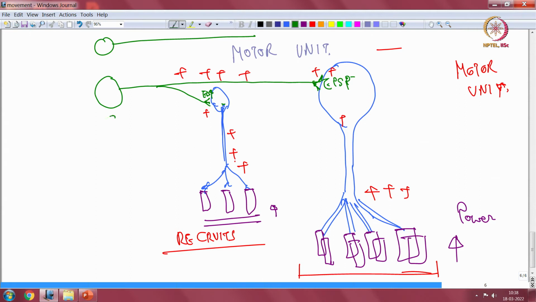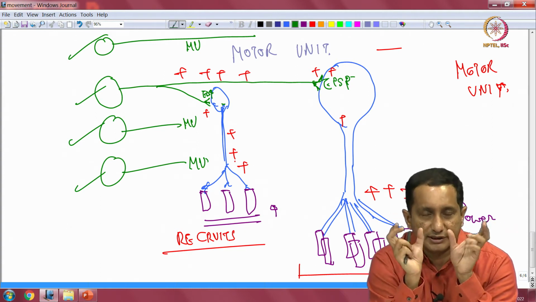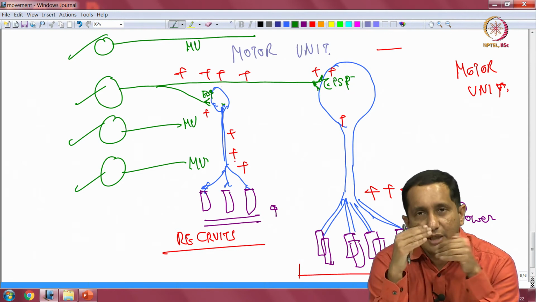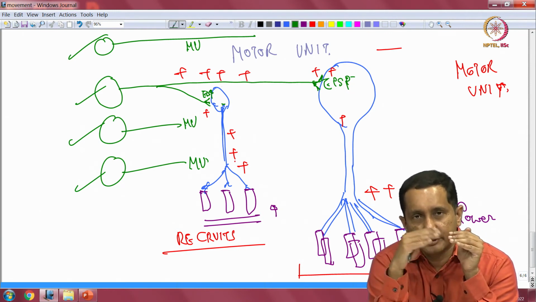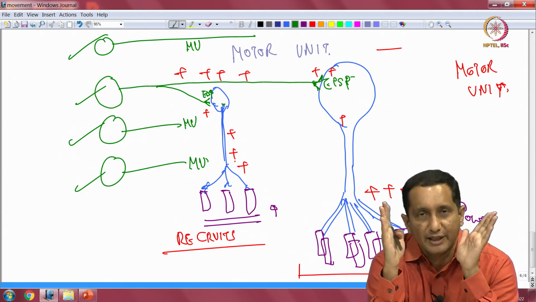You have numerous such neurons ending up in motor units, and based on the task you can recruit multiple motor units. That is how you can scale up responses. Individual neurons end up in individual sets of muscle cells, but recruiting multiple such motor units can help you in scaling up responses across a wide range.